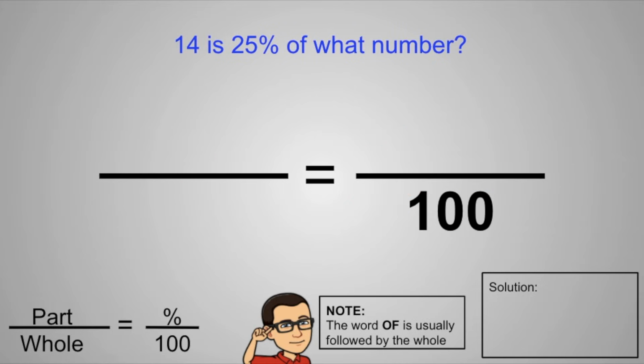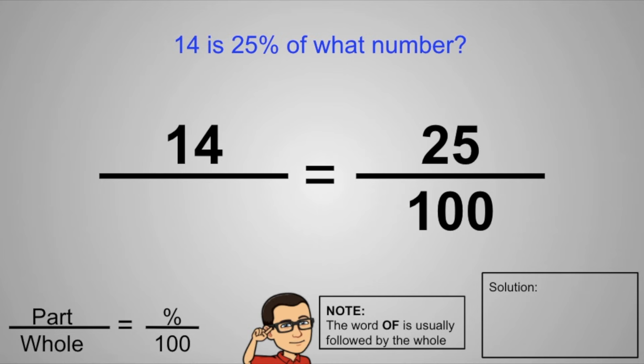Now on to the final example. It reads, 14 is 25% of what number? Since we have a percent again, we know that's going to go in the top right. Now, since it says 14 is 25% of what number, and what number comes after the keyword of, we know that 14 is going to be the part.